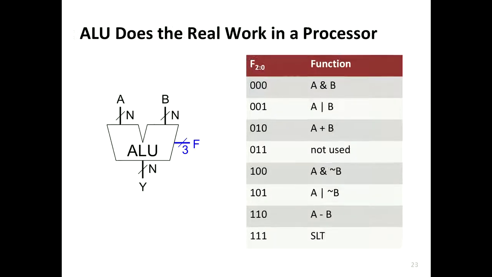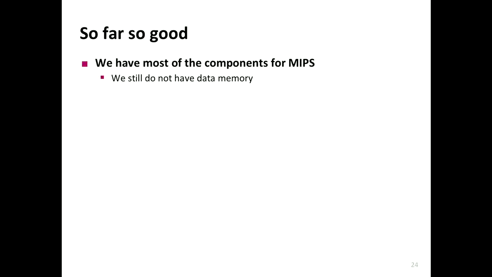Okay, cool. So the ALU does, in some sense, the real work in a processor. And so far, so good. We have most of the components, but we still do not have data memory.